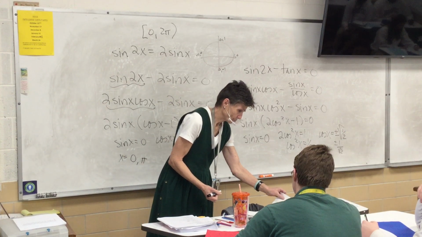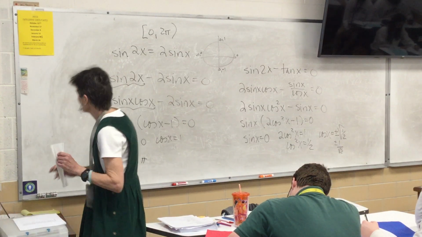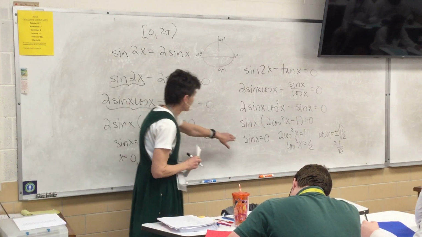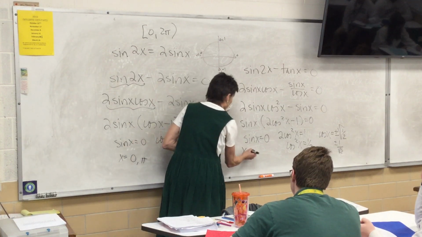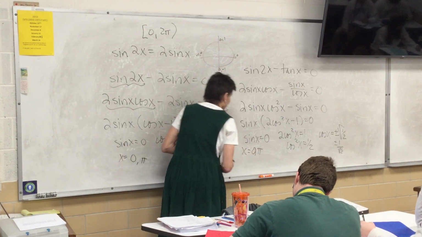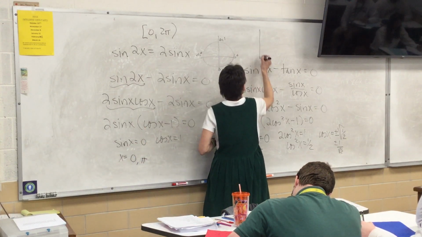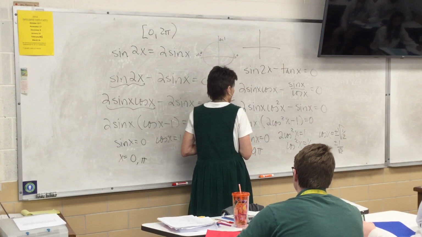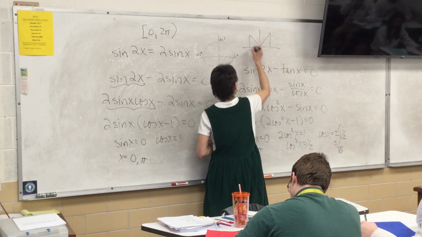Okay. Well, I still have my unit circle up here, so where's the sine 0? 0 and pi. So that one's 0 and pi. Now, where is the cosine positive or negative? That would be everywhere, wouldn't it?